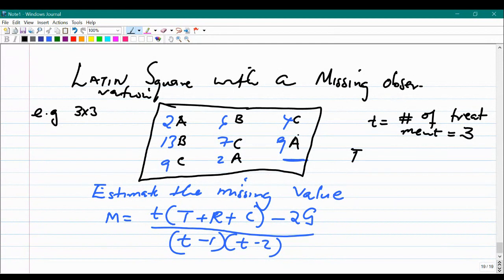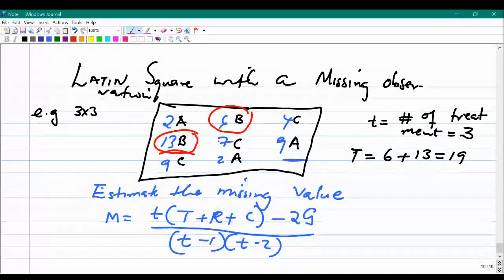So to find the value for this T, you add the two values which go with B, 6 plus 13, because you want to estimate the B that is missing here.